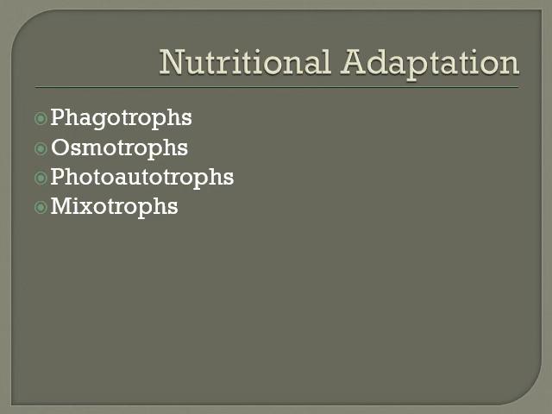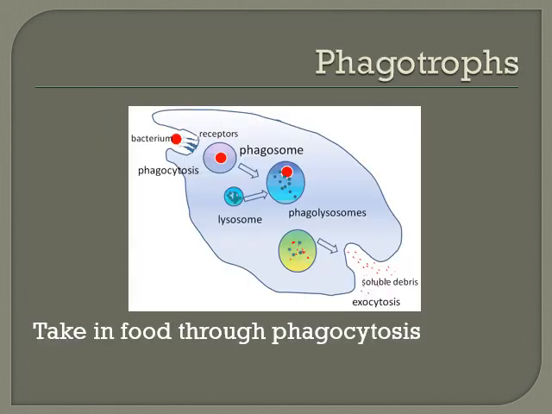There are 4 possible nutritional adaptations in protists: phagotrophy, osmotrophy, photoautotrophy, and the aptly named mixotrophy. We'll go through each. Phagotrophs take in food through phagocytosis.